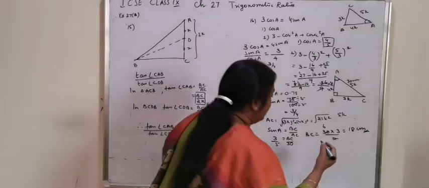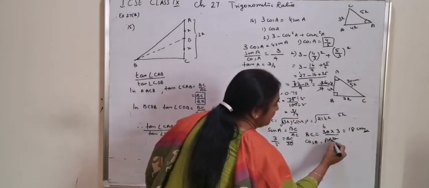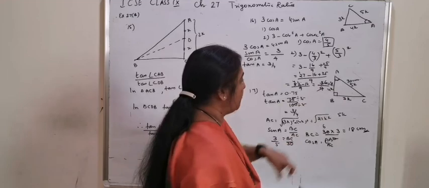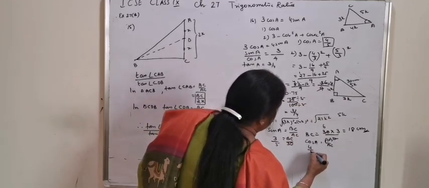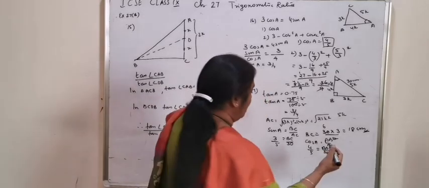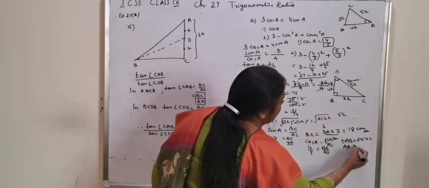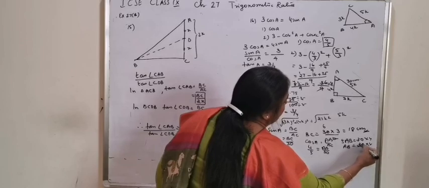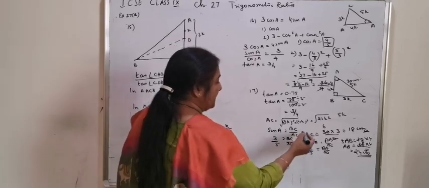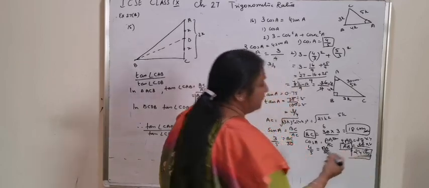Similarly, cos A is equal to AB by AC, which is 4 by 5. So 4 by 5 is equal to AB by 30, or AB length is 30 into 4 by 5. It is equal to 24 centimeter. So the length of BC is 18 centimeter. Length of AB is 24 centimeter.